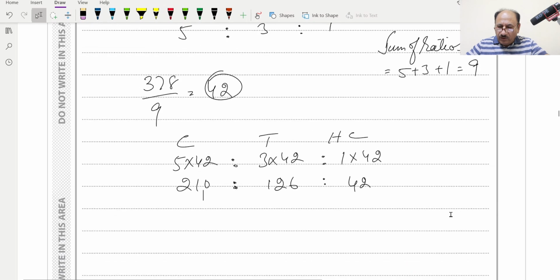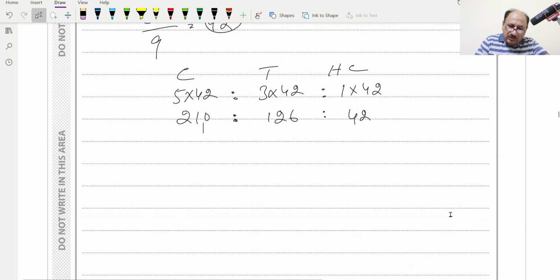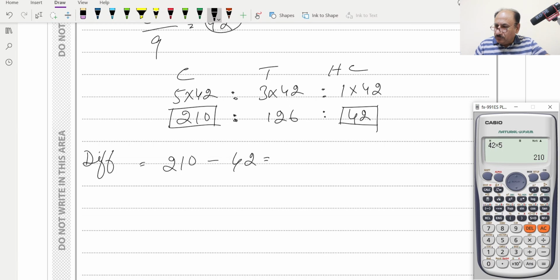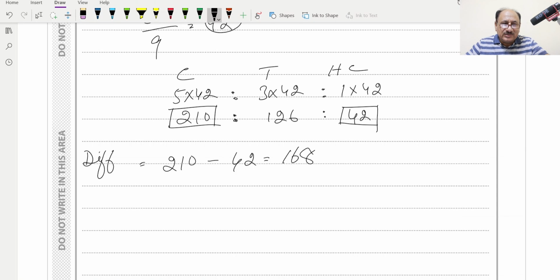Now we need to find the difference between this one and this one. So the difference will be equal to 210 minus 42, which is equal to 168. So 168 will be the difference.